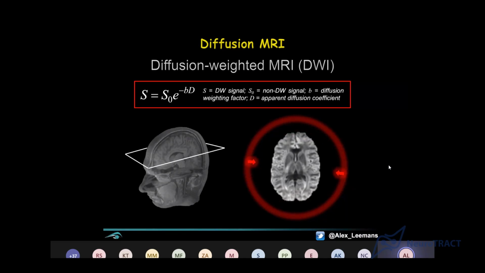Diffusion NMR, diffusion nuclear magnetic resonance, already existed from the 50s, 60s. But applying this technology to imaging, hence diffusion weighted imaging, came a lot later, maybe 30 years afterwards.